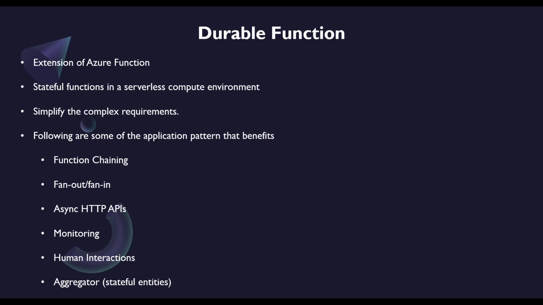Function chaining, fan out and fan in can also be executed in the normal mode, but you have to write a huge amount of code, maintain the state, track which method is still executing, and take care of many other things. All those boilerplate codes are already written for you and covered under orchestration.